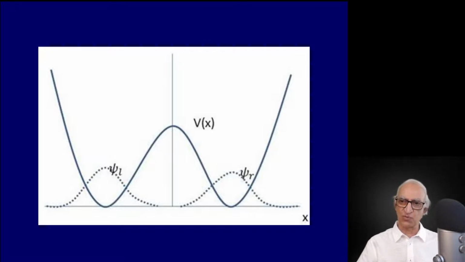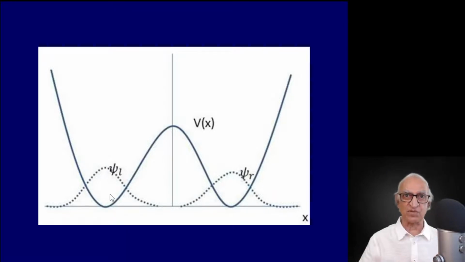And there is a huge potential barrier between these two configurations. But in quantum mechanics, even though there is a potential barrier, a nitrogen atom from this potential minimum can tunnel its way quantum mechanically to this. Similarly, this nitrogen atom can quantum mechanically tunnel over here.